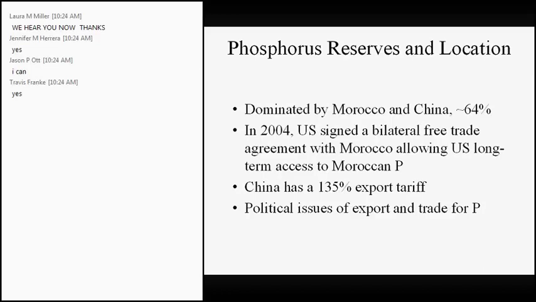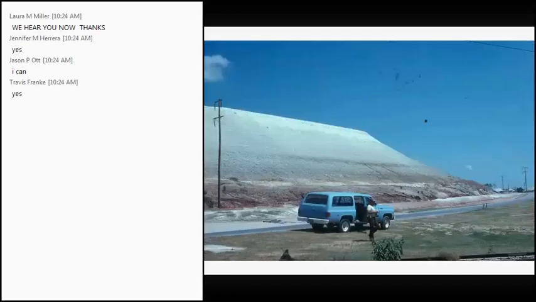We have approximately, let me see what my next slide is. Oh, okay. We have approximately somewhere on the order of 25 years of easily mineable phosphorus left in the United States. If you look at all of the easily mineable phosphorus across the world, including China and Morocco, there's somewhere on the order of approximately 75 to 100 years of easily mineable phosphate.